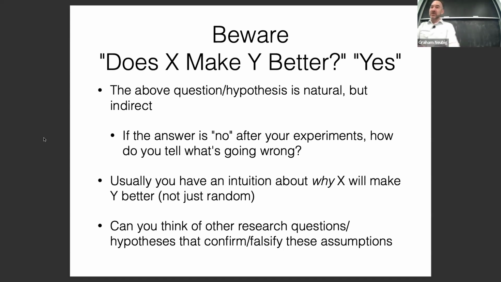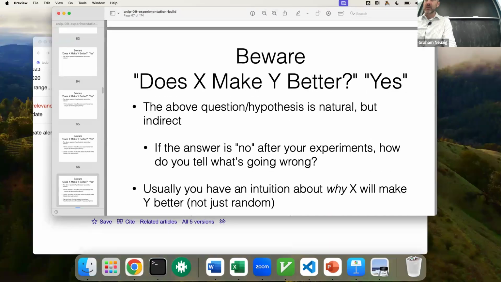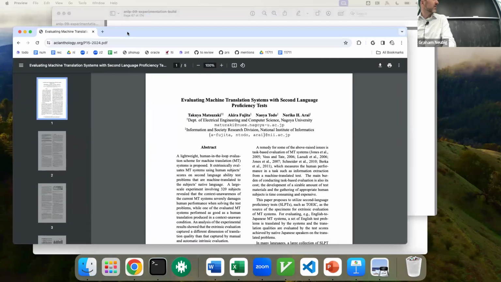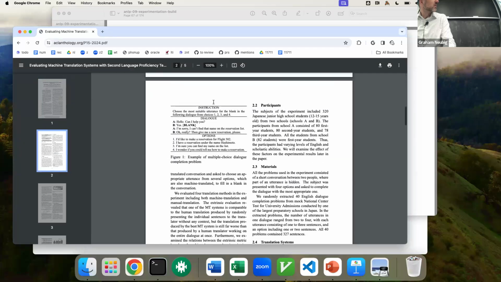So there was an interesting paper. Let me see if I can find it. So this is a paper from a long time ago where they did something like this. It's evaluating machine translation systems with second language proficiency tests.